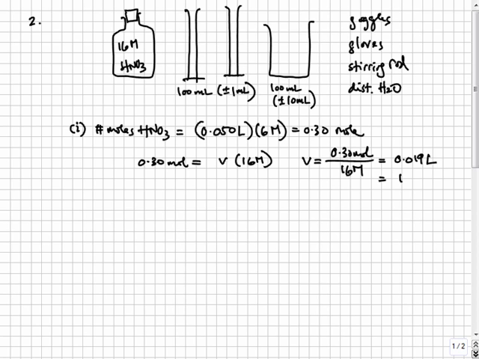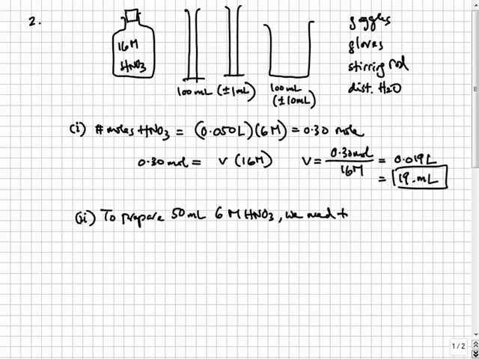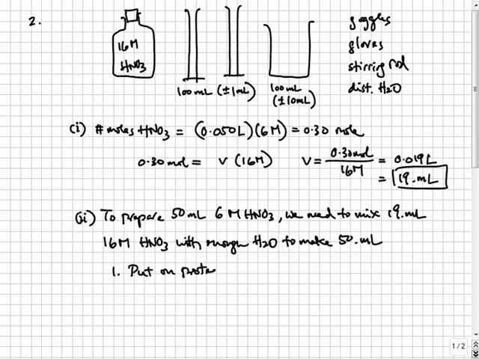So to prepare 50 milliliters of 6 molar HNO3, we need to mix the 19 milliliters of 16 molar HNO3 with enough water to make a total of 50 milliliters of solution. So to do that, first we would put on our protective equipment, goggles and gloves.